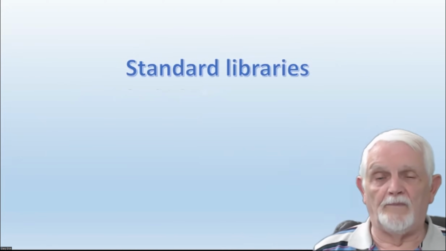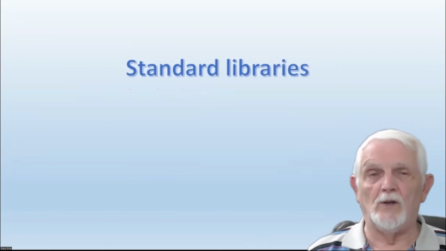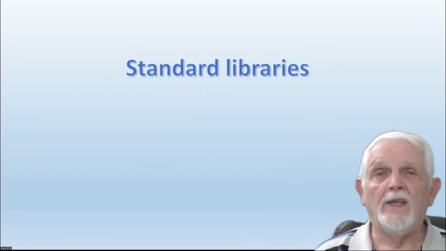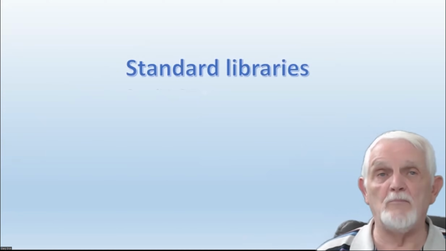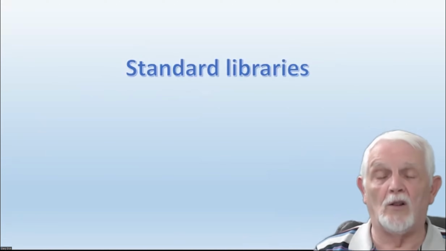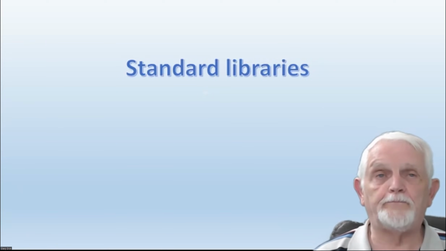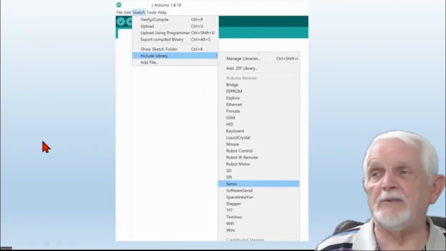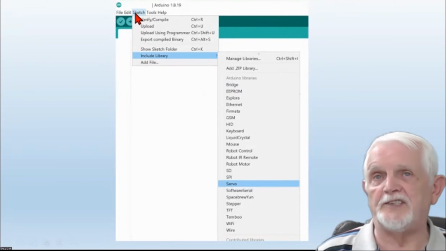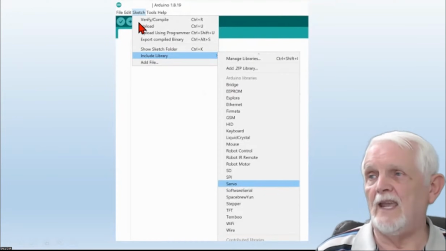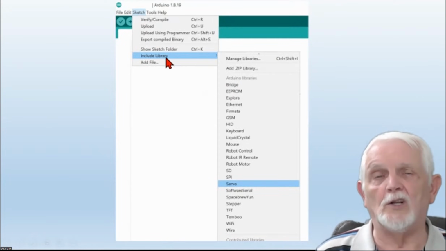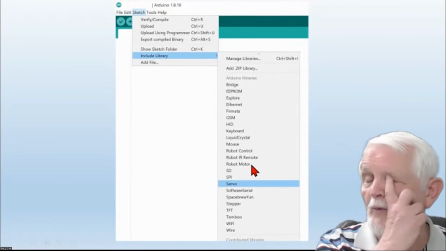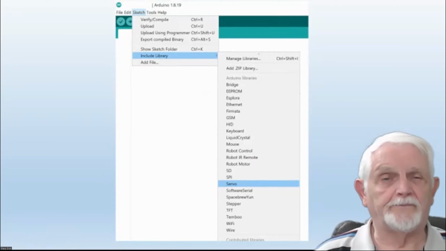When you download the Arduino IDE, which is the editor and the compiler, it comes with what they call standard libraries. They're built in. You download that along with the IDE. There's an example. You can look and see what you've got. If you go up to where it says Sketch and you click there, you get a drop down and you click on Include Library, then what you see is a list of what already exists on your machine.